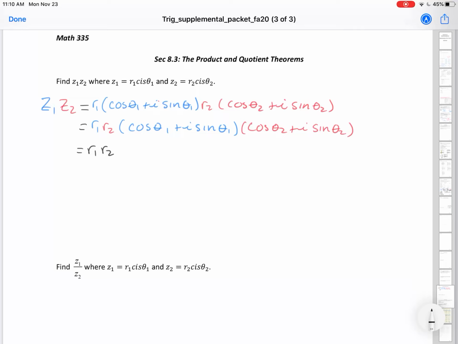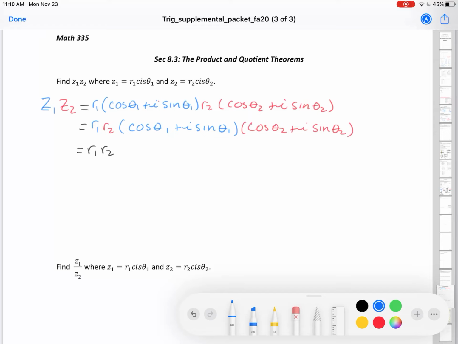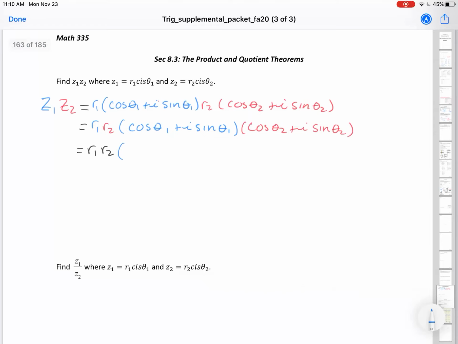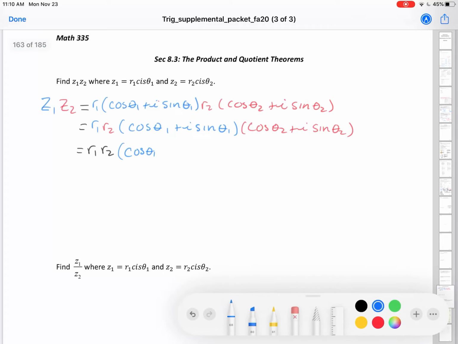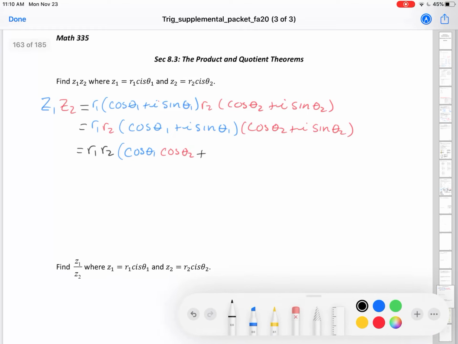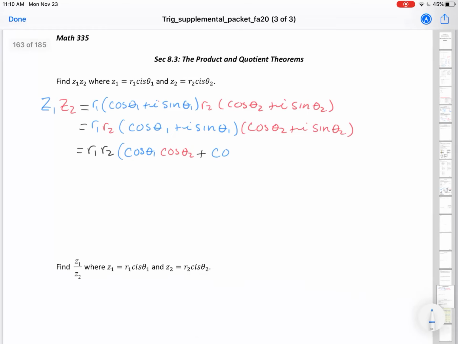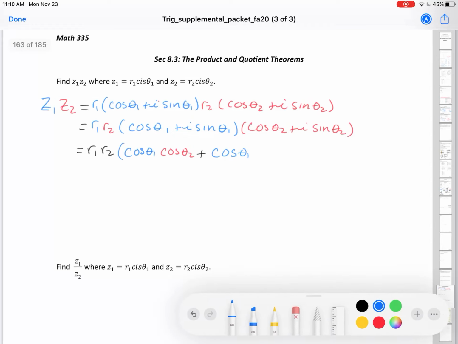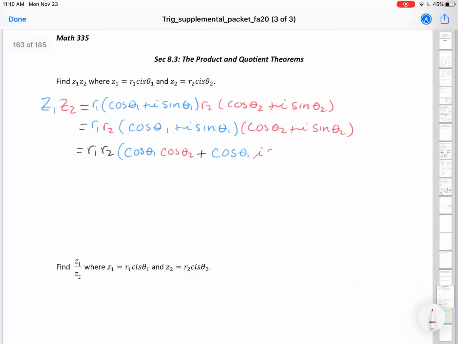So now what do we have? Well, we've got to multiply some things together. And so what do we do? FOIL. There are 4 terms there, so we're going to do FOIL. So we're going to have cosine theta 1 times cosine theta 2, and then plus, I'll stick with distributing through, cosine theta 1 times i sine theta 2.